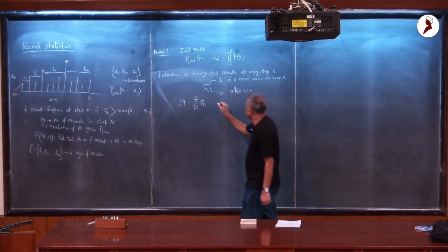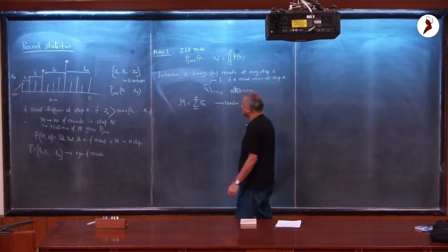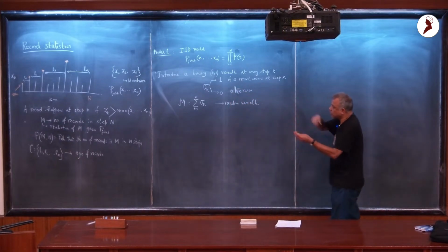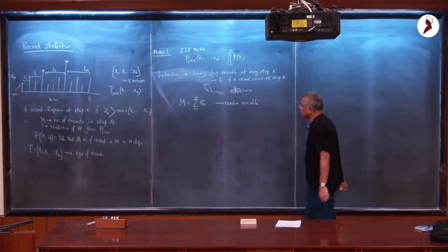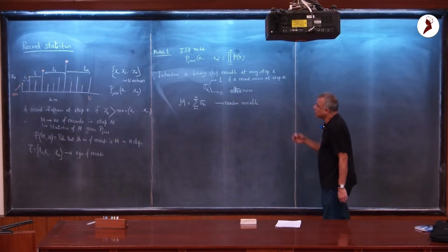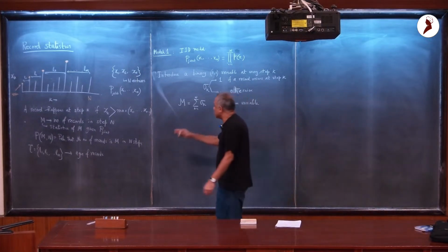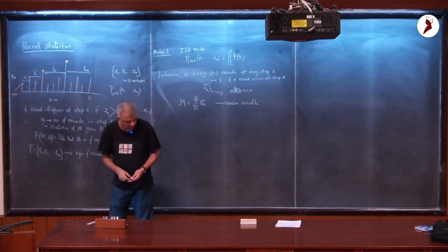And this is a random variable, because the sigmas will fluctuate from one configuration to another. As a result, M will also fluctuate. And we want to know what is the mean of M, what is the variance of M, what's the distribution of M. Okay, so that's the problem.